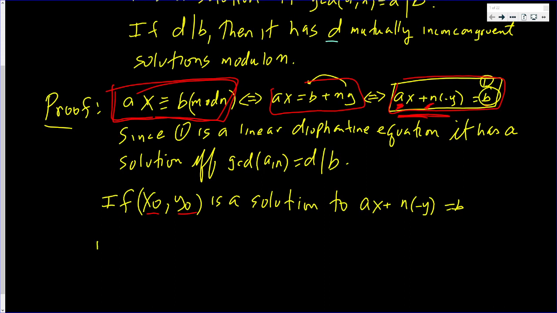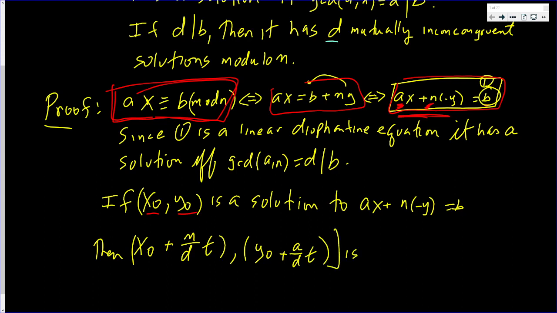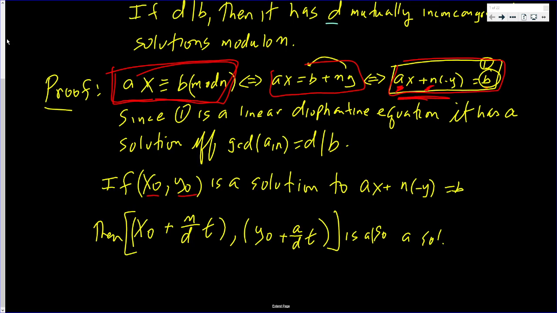Okay, then I'll show this again. Then x0 plus n over d times t, comma, y0 minus, okay, we can get away with plus a over d times t, is also a solution. Now, why is that?